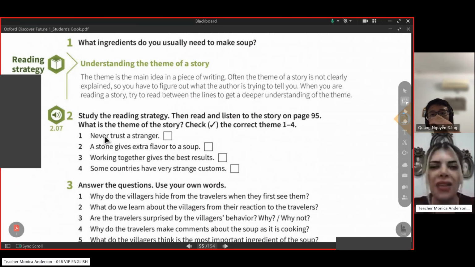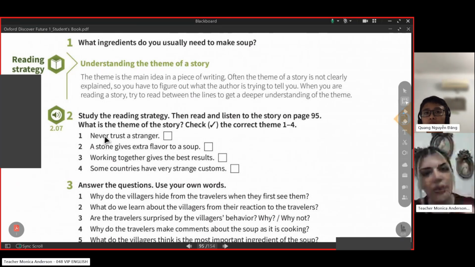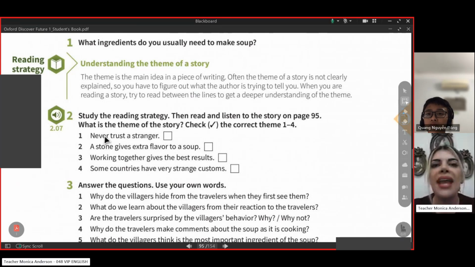Sometimes it's not really clear, it's not really easy, and we need to figure out what the author is trying to tell us by reading the lines, and of course you need to elicit and understand. So it is really important to read the whole story and try to understand the main idea of the story.